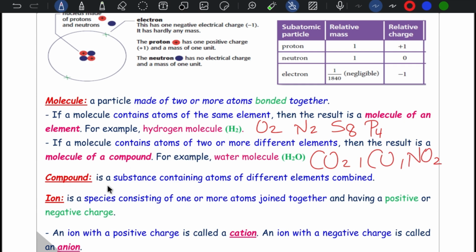So a compound is a substance containing atoms of different elements combined together, while an ion is a species consisting of 1 or more atoms joined together. It may have a positive or negative charge. Ion like sodium ion, Na+, Cl- ion. An ion with positive charge is called a cation, an ion with negative charge is called an anion.